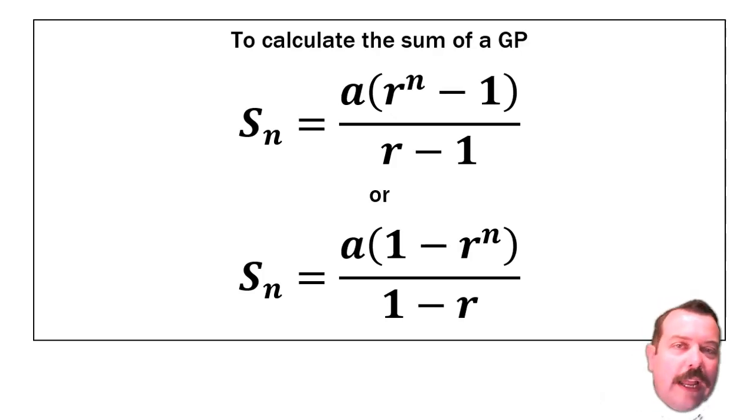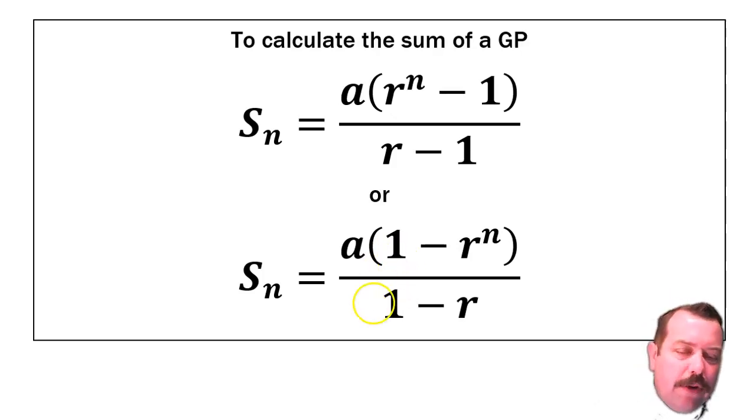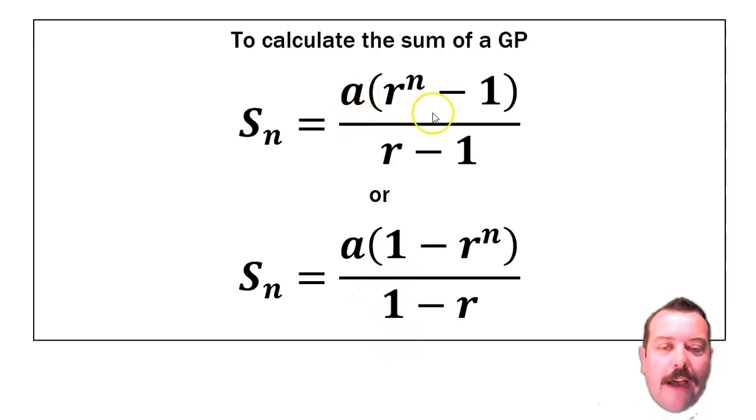So the top and bottom will be negative. The negative signs will cancel out. It just turns out to be a little bit neater. Multiply top and bottom by negative 1, and we get this expression here. So if r is small, you're better off using the bottom expression. If r is larger than 1, you're better off using the top expression. Either will work in both situations. It's just a little bit messier in terms of negative signs.